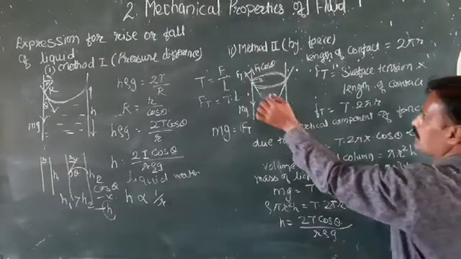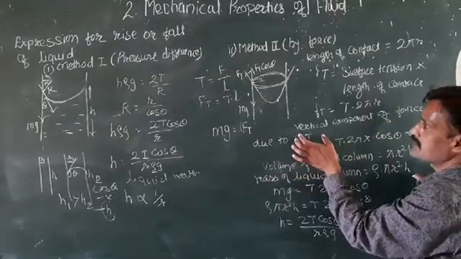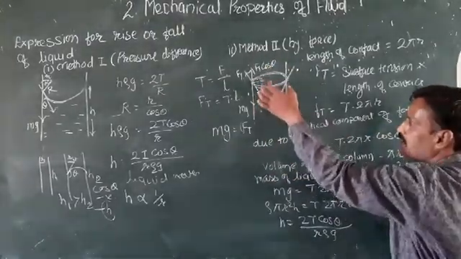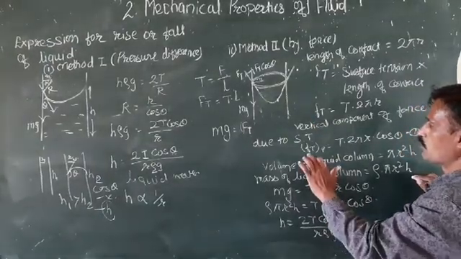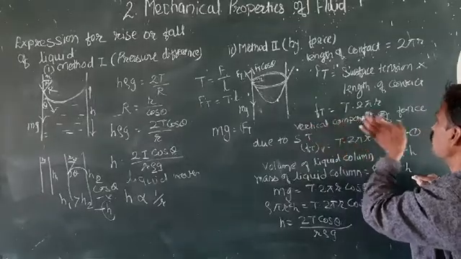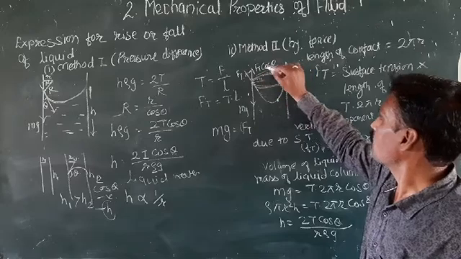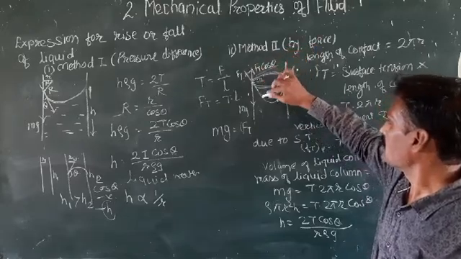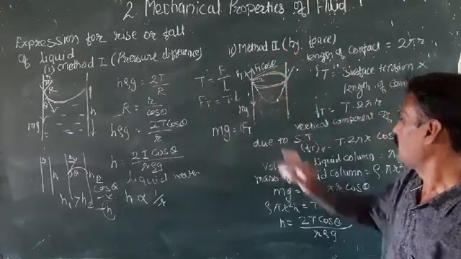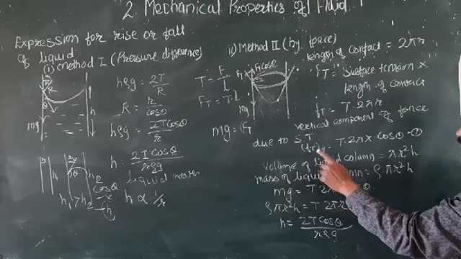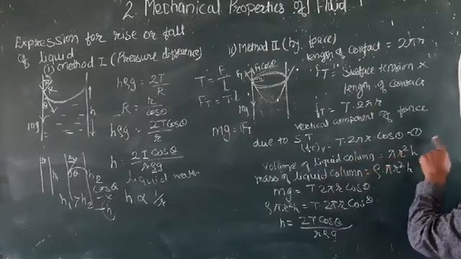In this case, the vertical component of the force due to the surface tension balances the weight of the liquid in the capillary tube. So the vertical component of the force due to the surface tension is Ft cos theta, which is balancing the weight of the liquid column in the capillary tube. So Ft vertical is equal to T 2 pi r cos theta, equation 1.